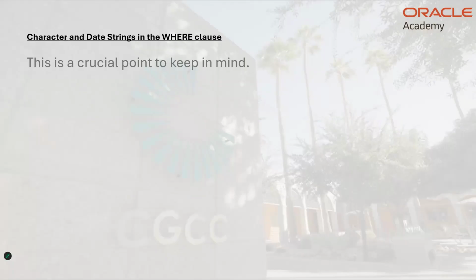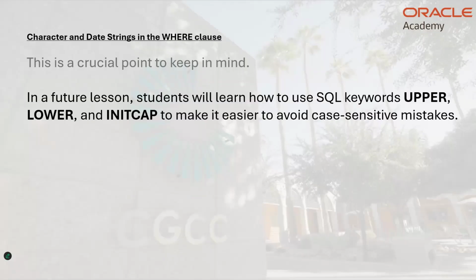So this is a crucial point, because sometimes you're certain that you wrote the query correctly, and yet you're getting no results. It's usually because the case in your string is different than what's stored in the database. In the future we are going to talk about functions where you can eliminate case sensitive mistakes by using UPPER, LOWER, and INITCAP, which is another function that looks at certain parts of the string.